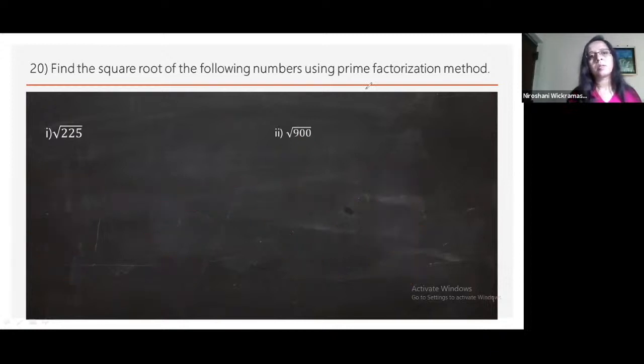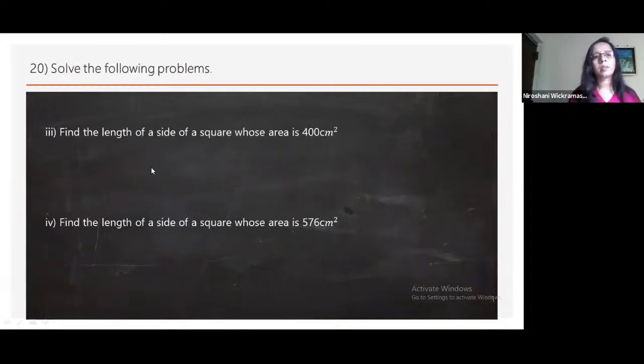Question number 21. No, there are two parts of 20. Find the length of a side of a square whose area is 400 square centimeters. You know length into length, both length and breadth are equal.